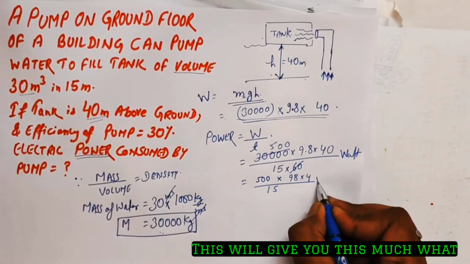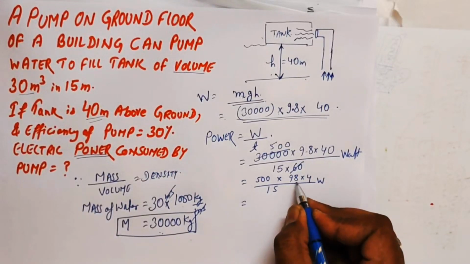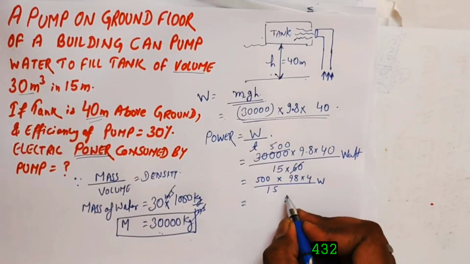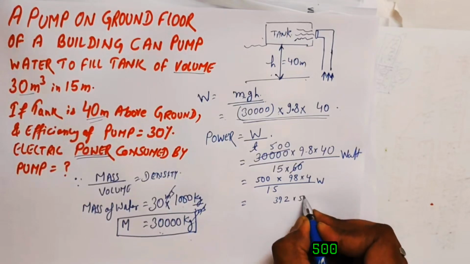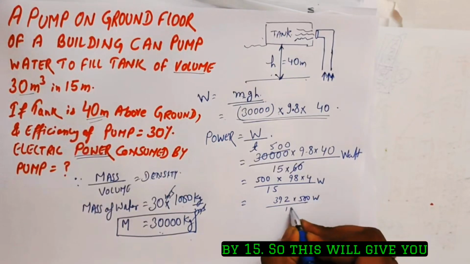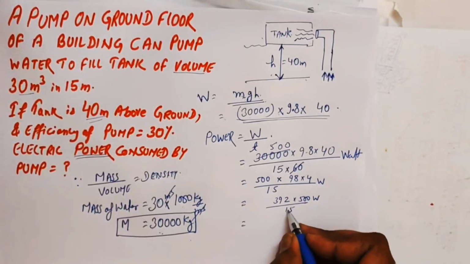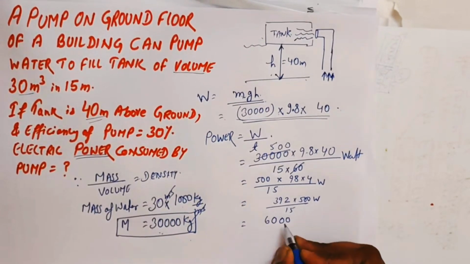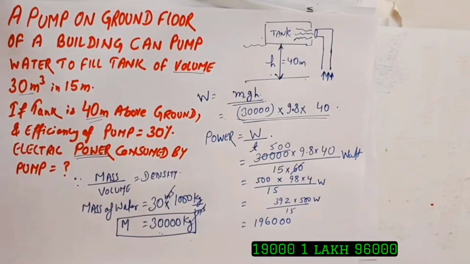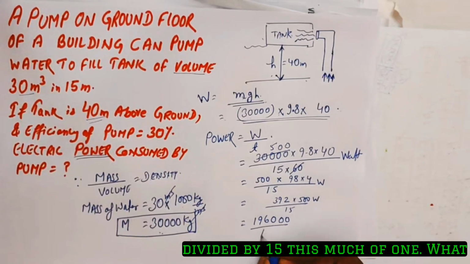This will give you this much watt. This will give you 392 into 500 by 15. So this will give you 1,96,000 divided by 15.